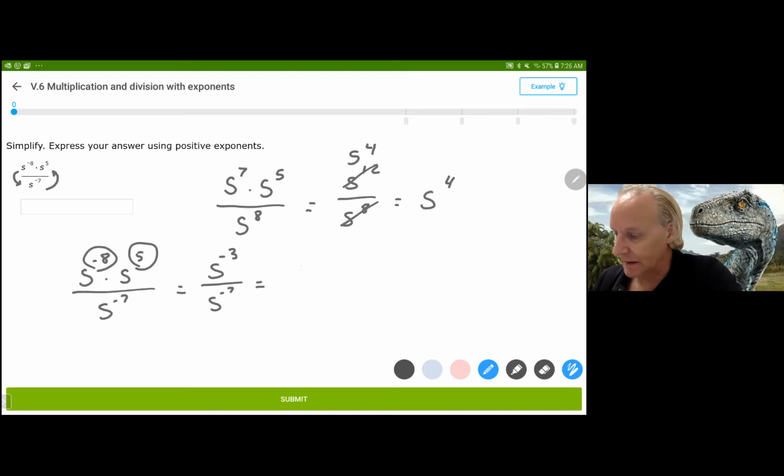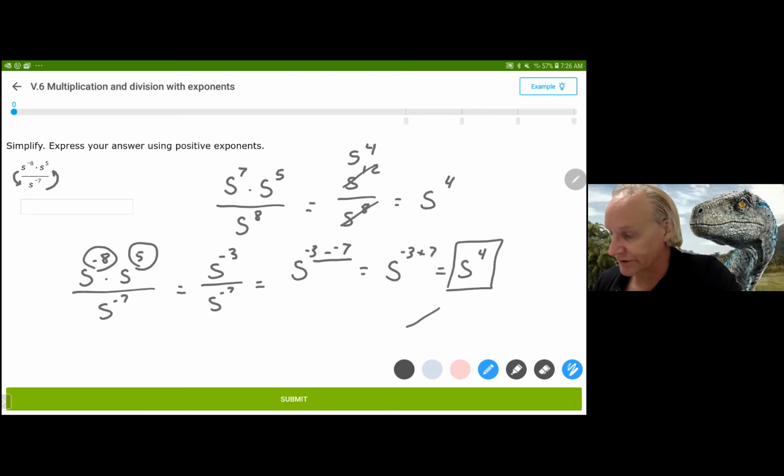So I'm looking at s, and I'm going to subtract the -3 and subtract a -7. I cannot tell you how many times people make errors due to this sign change right here. That double negative there means +7. So we're really looking at s to the -3 plus 7, which is s to the 4th.